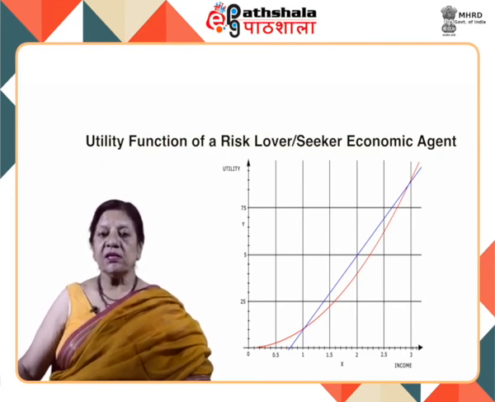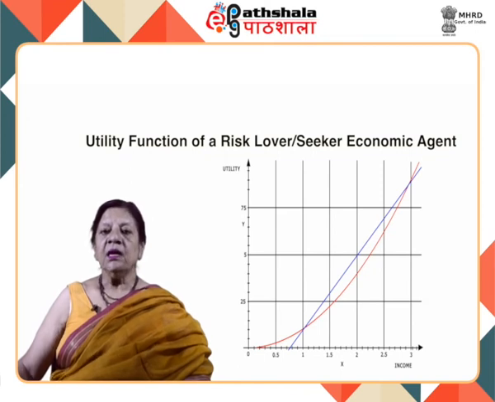In this case, the expected income of the risky prospect, that is E(Y), is 2 units of income. It can be seen that the utility of the expected income of 2 units of income is 4.